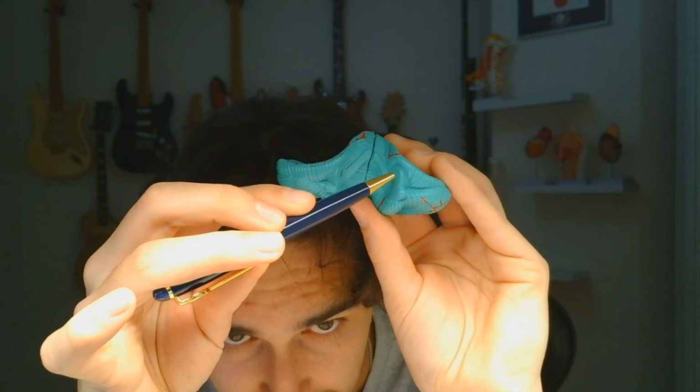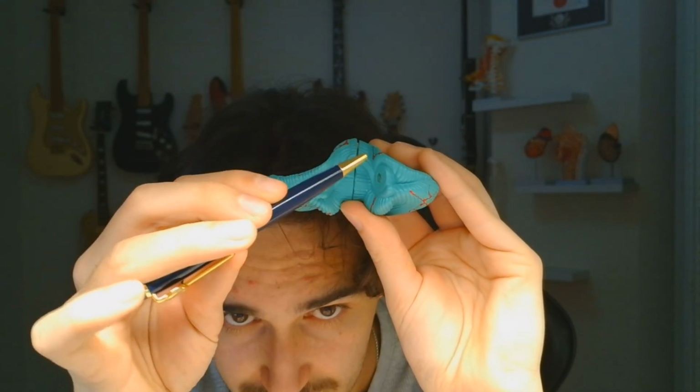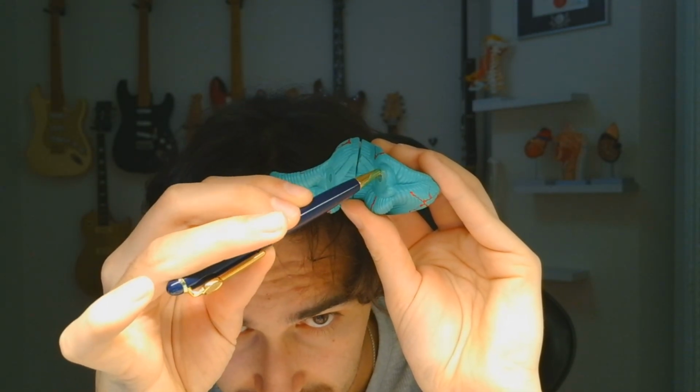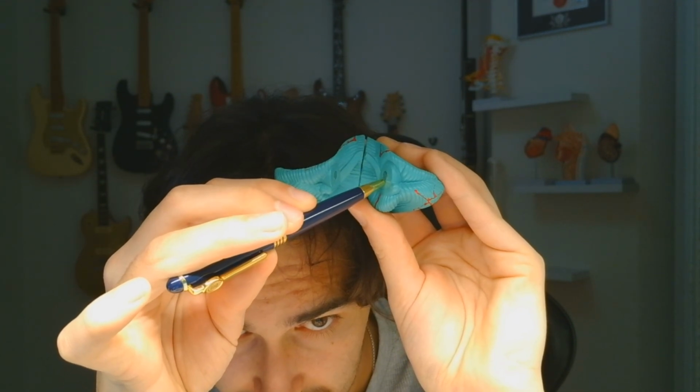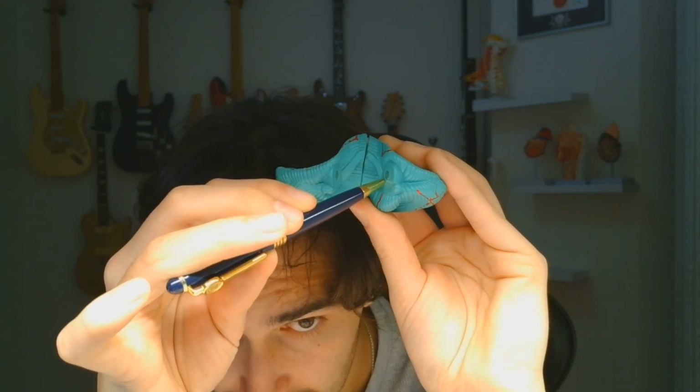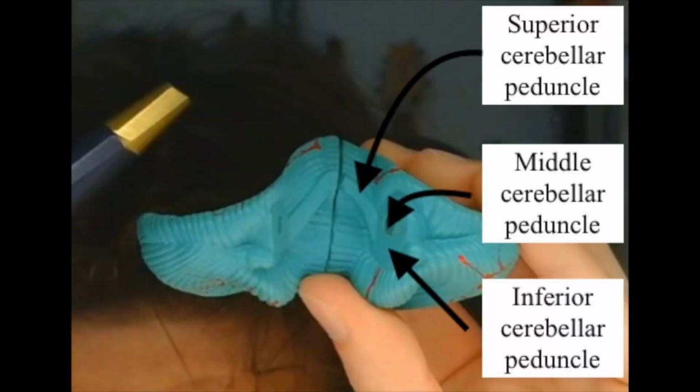So the inferior, middle, and superior cerebellar peduncles articulate with the midbrain, the pons, and the medulla. And again, connections to the cerebellum, coordination of movement, specifically from each part of the brainstem. Okay.